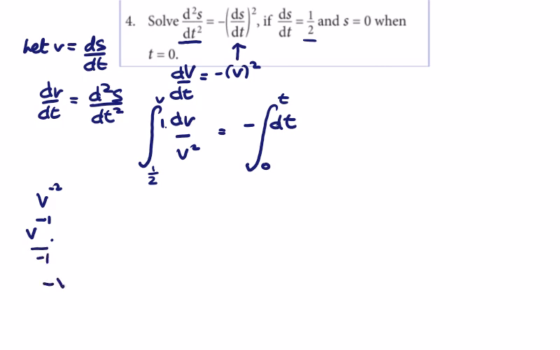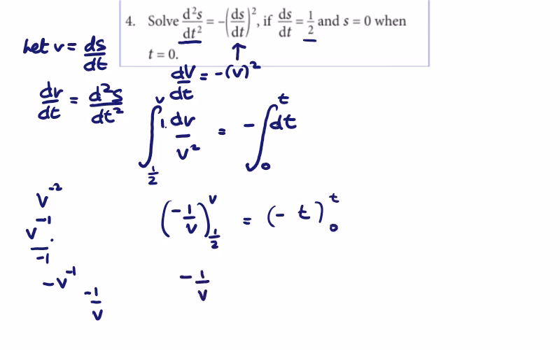So we're going to get minus v to the minus 1, which is minus 1 over v, between v and a half, equals minus 1 dot dt, which will become t between t and 0. So we're going to get minus 1 over v, putting v in. Minus minus will give a plus 1 over a half, which will be 2. That's going to be equal to minus t.